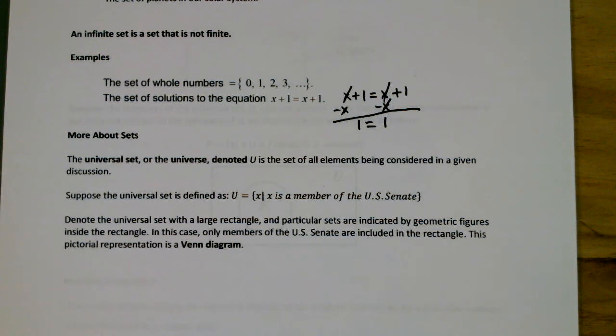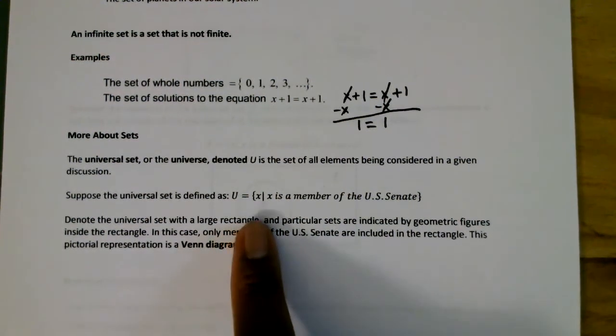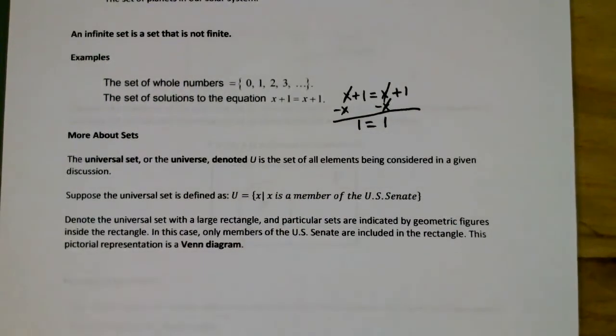So let's say we have the universal set defined as this. U is equal to the set of all X such that X is a member of the United States Senate. That would be considered a universal set. That's going to be a set of all elements considered in a given discussion.